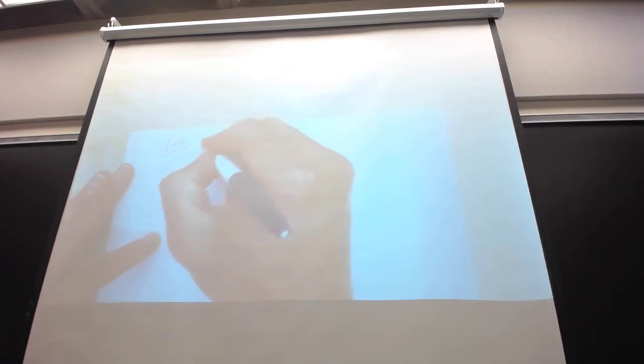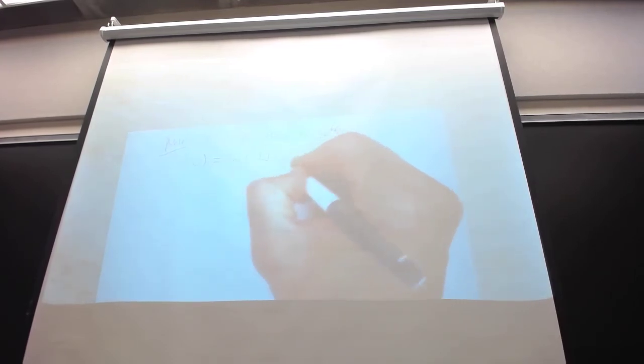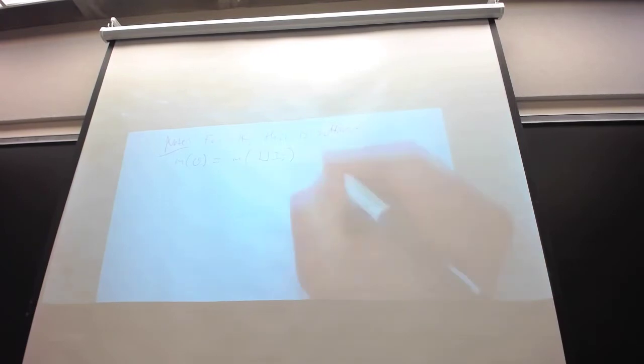So let me just note, for R, this is sufficient. Any open set you want to measure, all you have to do is measure an interval, because all open sets are countable disjoint unions of intervals, which will have measure equal to the length of the interval.